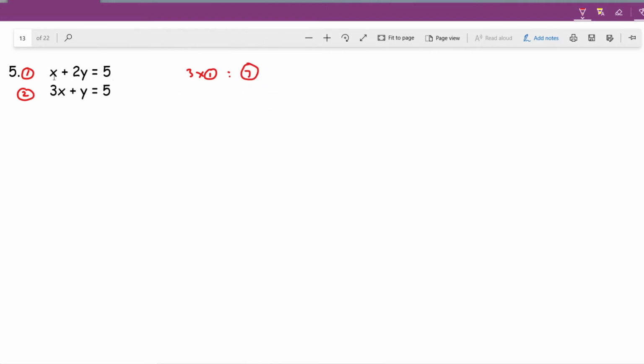So 3 times x is 3x, 3 times 2y is 6y, and 3 times 5 is 15. I'll leave equation 2 as it is, which is 3x plus y equals 5, and now I've made the x's the same.